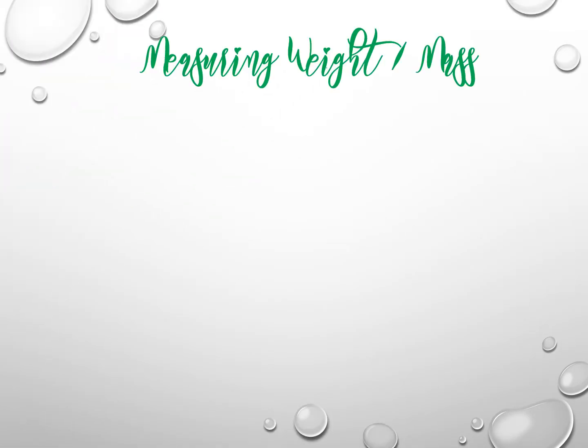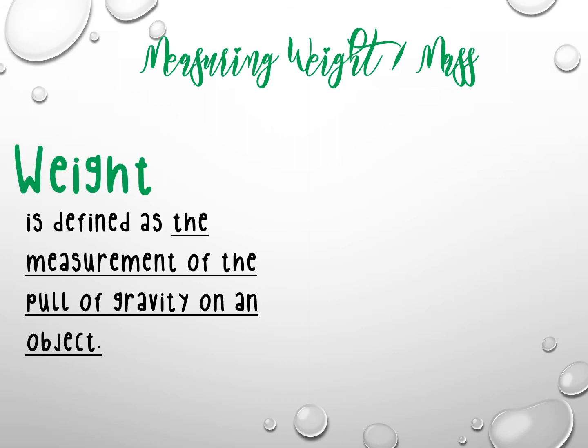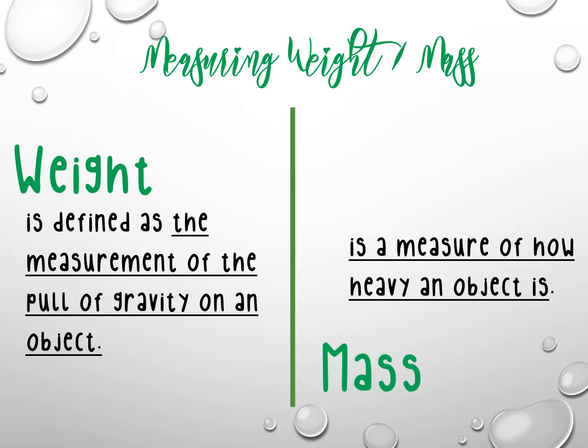Let us talk about measuring weight or mass. So by definition, weight is defined as the measurement of the pull of gravity on an object, and mass is a measure of how heavy an object is. So pag sinabi nating weight, 'di ba? Kadalasan ang nilalagay natin doon sa personal information ay weight.